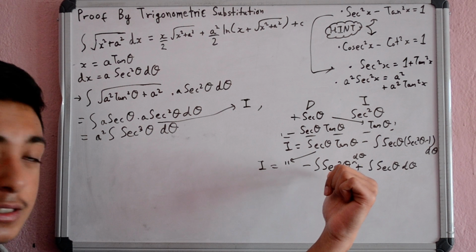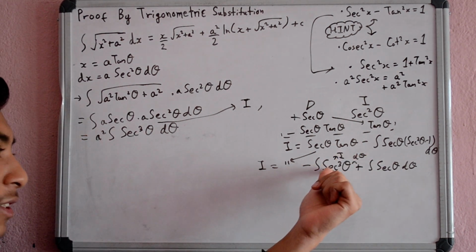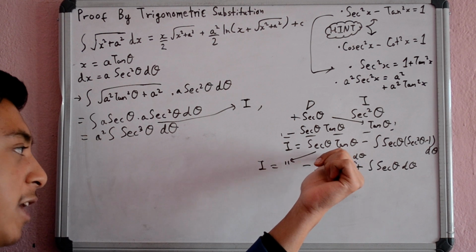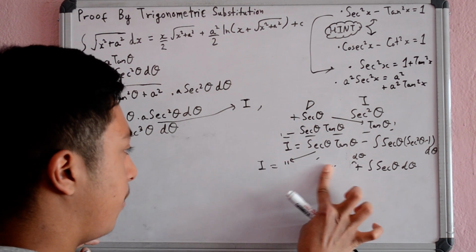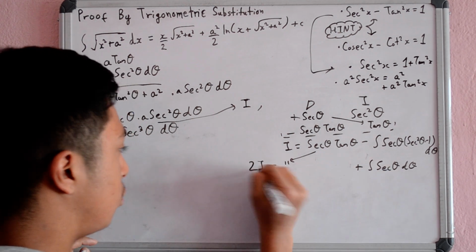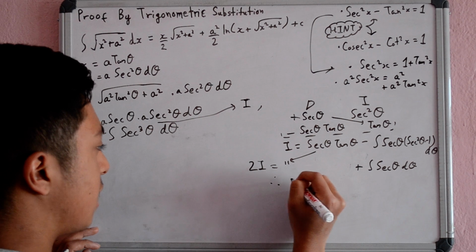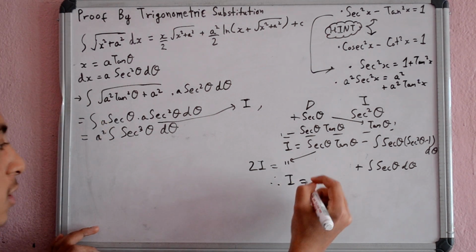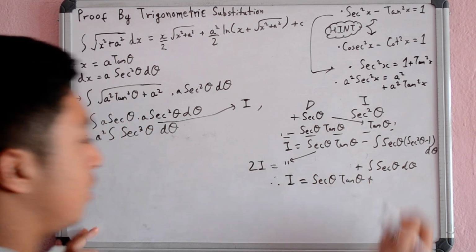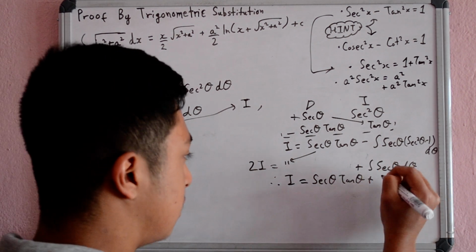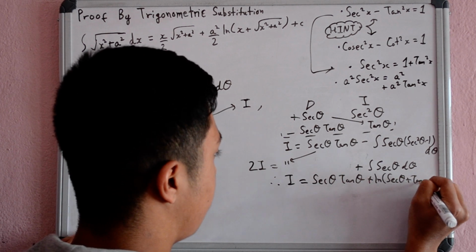Now this sec cube theta we know is I, and we have this minus I, so that means this I will go over here. So in fact this is just 2I equals this plus the integration of that. So in the next step we can just write that I equals sec theta tan theta plus the integration of sec theta, which is log natural of sec theta plus tan theta.